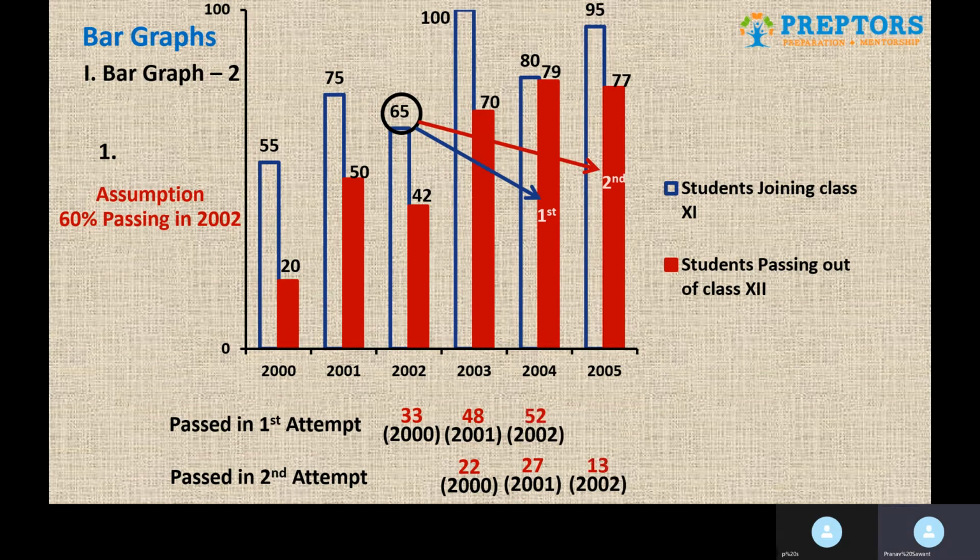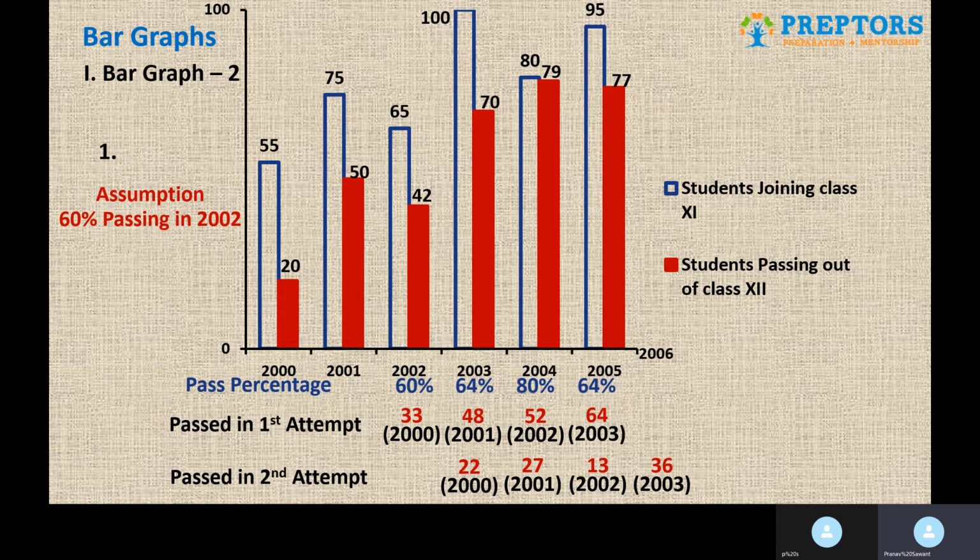In first attempt 52 will pass and in second attempt 13 will pass. For 2003, 64 will pass in first attempt and in second attempt, 36 will pass in 2003, in the same year.